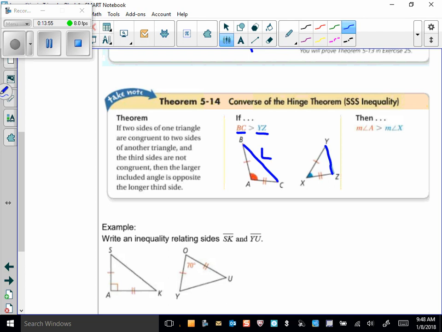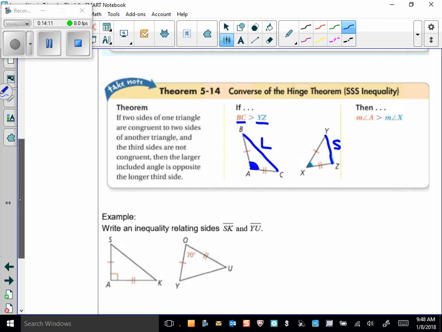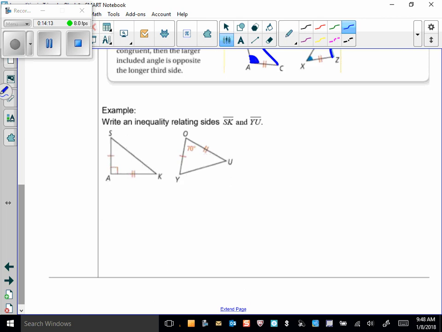So longer, shorter, and that just means angle A has to be greater. Okay, Hinge theorem and its converse. So I think the rest of our lesson is going to be putting those two things into practice.